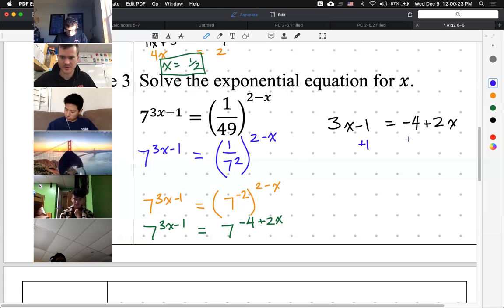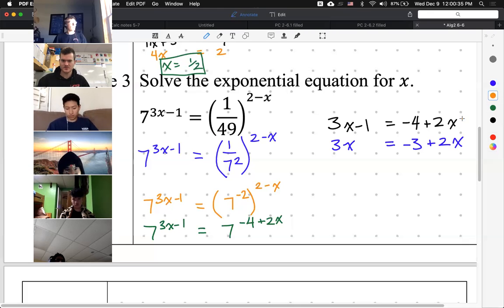So if we add 1, then you're going to be left with 3x, no more. Your 1 is equal to what on the right-hand side? -3 plus 2x. All right. And next step? Then subtract 2x from both sides? Perfect. That's going to give you what on the left-hand side? X. Boom. And there we go.